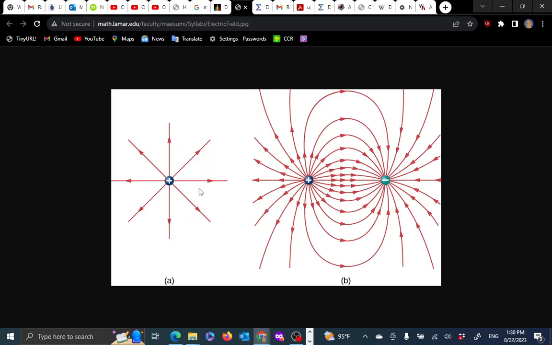If you have one charge or a bunch of charges, they have an electric field associated with them, which means if you have a charge of +1 somewhere in space, what would be the force on that charge? That's going to define the electric field of a charge in space. So on the right hand side, we have a positive and negative charge, and you see that the electric field here is much more complicated.